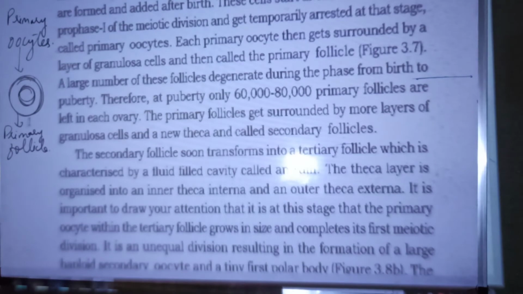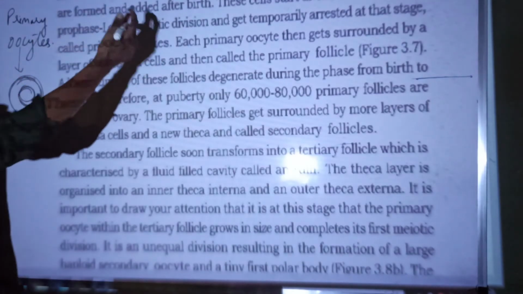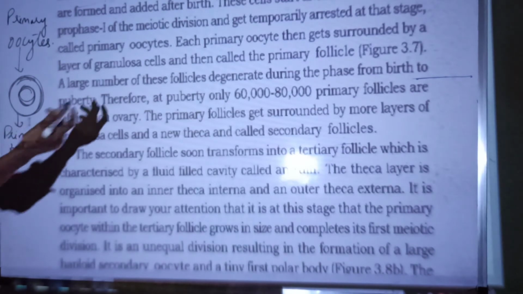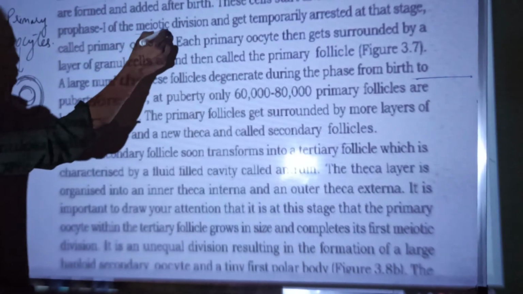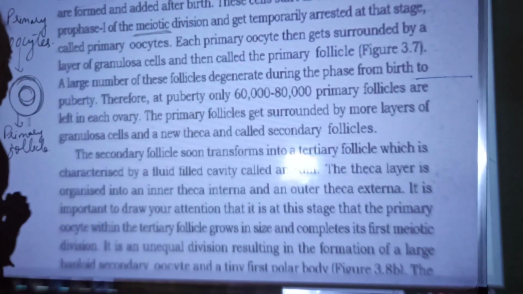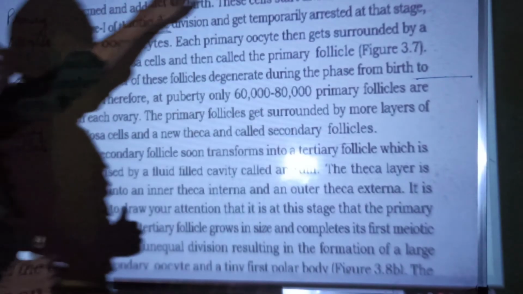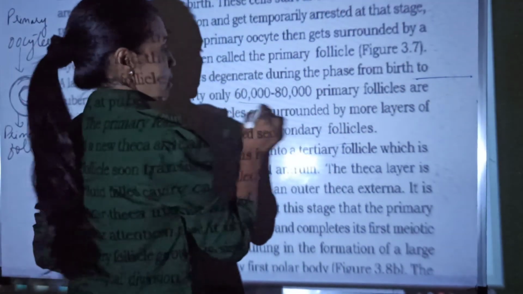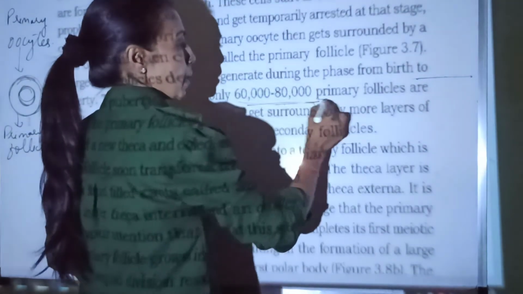That means so many mother cells degenerate, because they are undergoing meiotic reductional division. Out of a couple of million mother cells, only around 60,000 to 80,000 primary follicles remain.